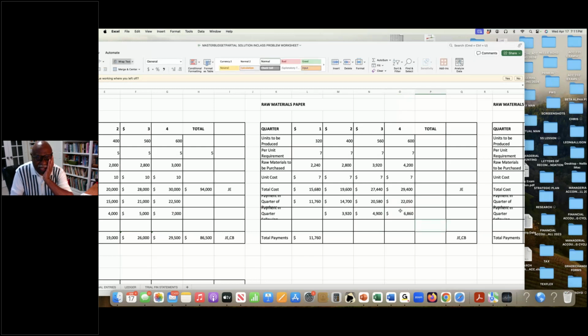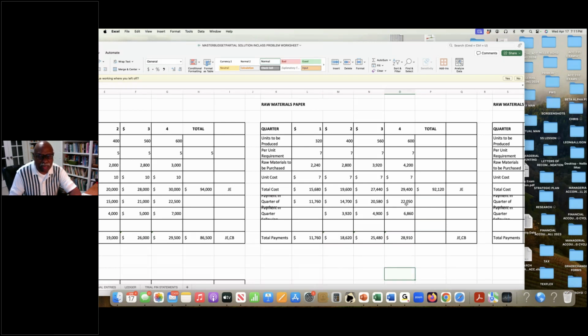Okay, so our total cost, if we auto sum that, should be 91,120. And we auto sum these, we get our total payments, and we simply add in these two numbers. It was zero the first time.